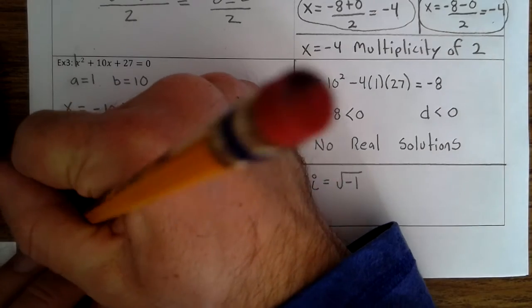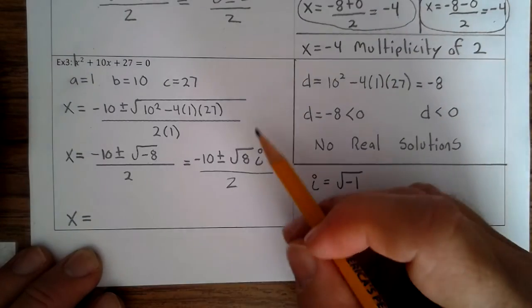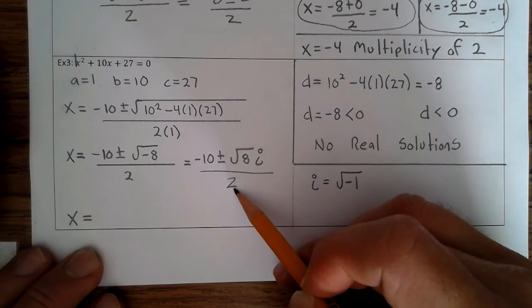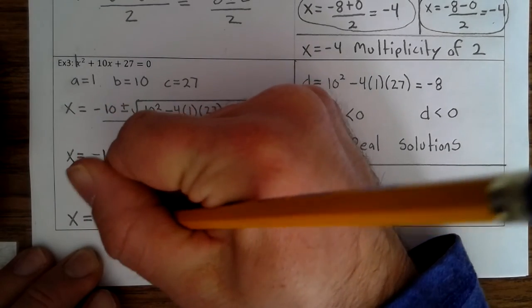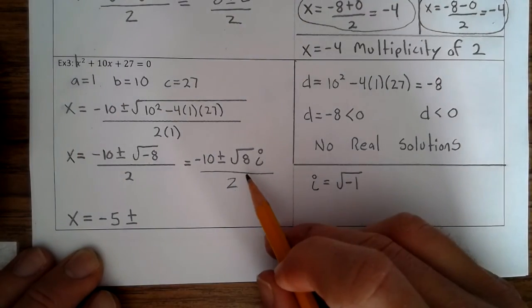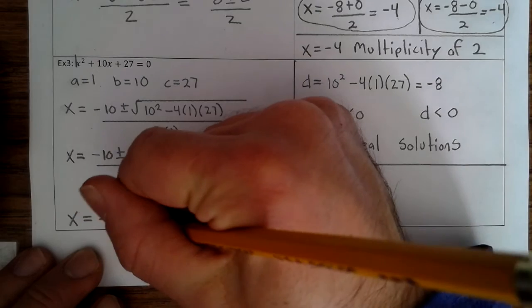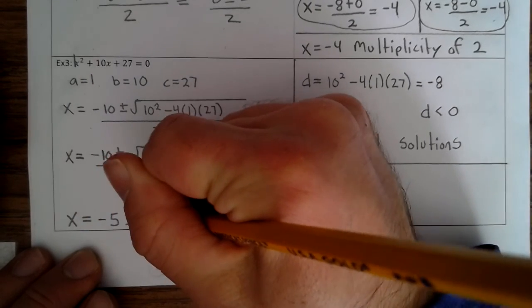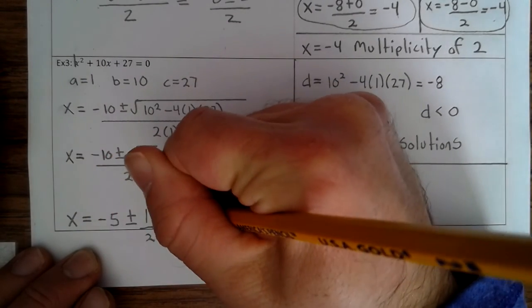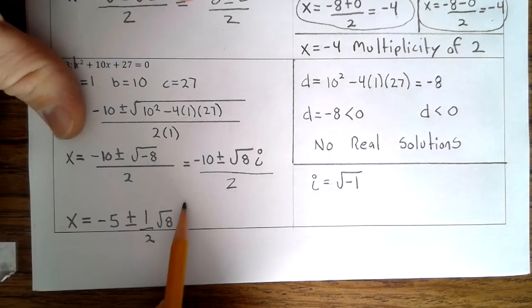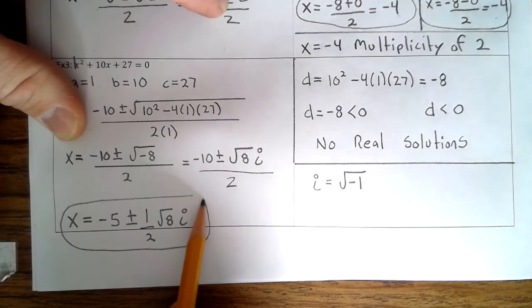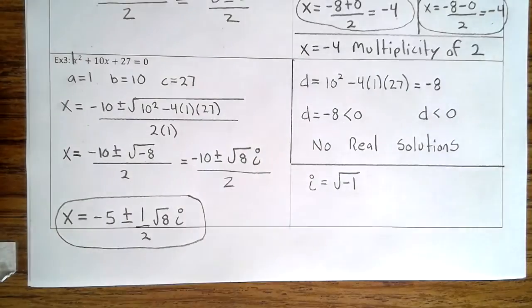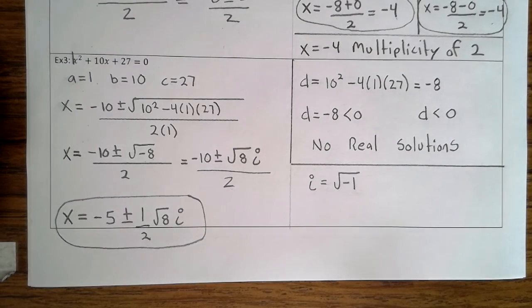So our answer is x equals, now we can divide negative 10 by 2, so that's negative 5 plus or minus 1/2 square root of 8 i, which we call a complex solution.